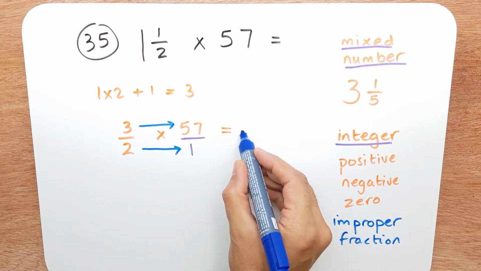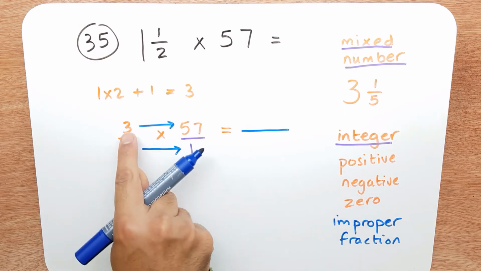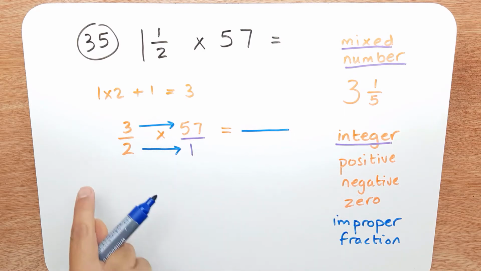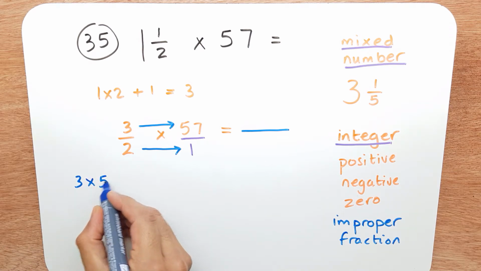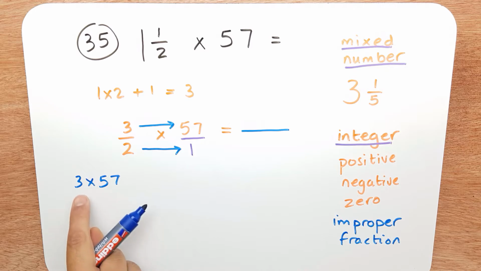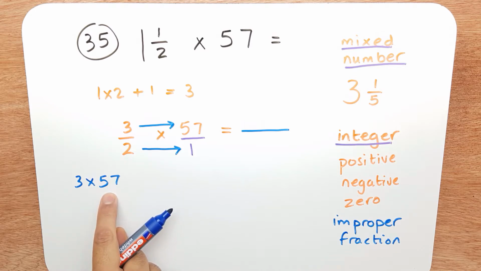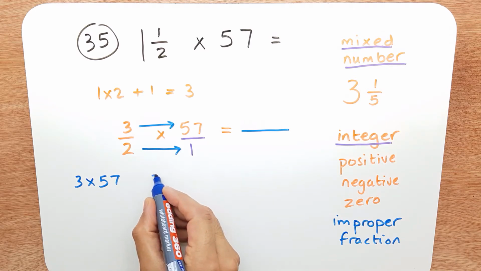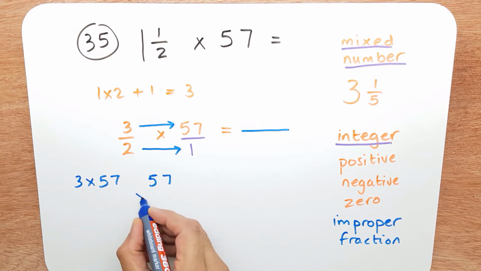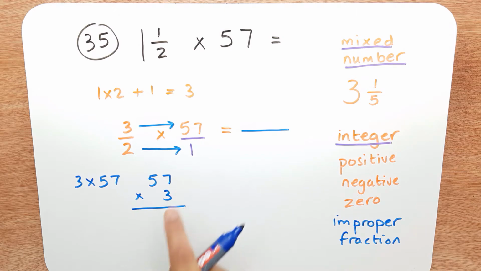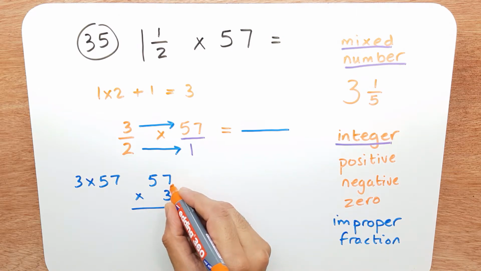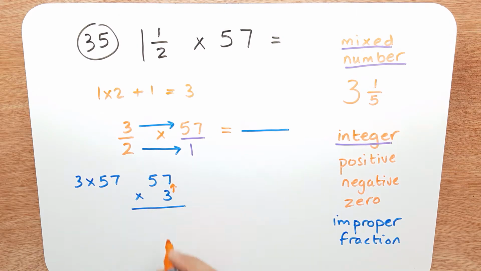So let's put the fraction line down. And 3 times 57. So let's do that here. 3 times 57. So I'll do it in column multiplication. 57 at the top times 3. So now this is my calculation. So I'll do 3 times 7 is 21.